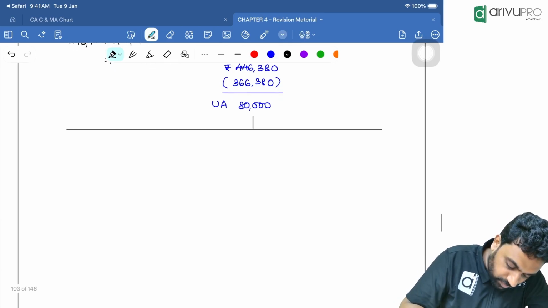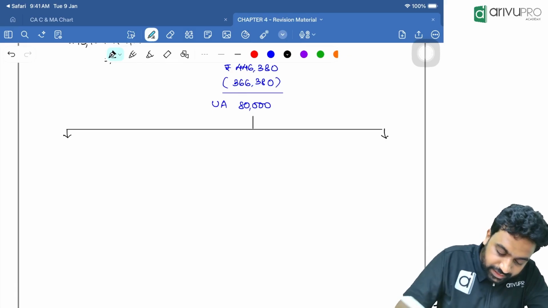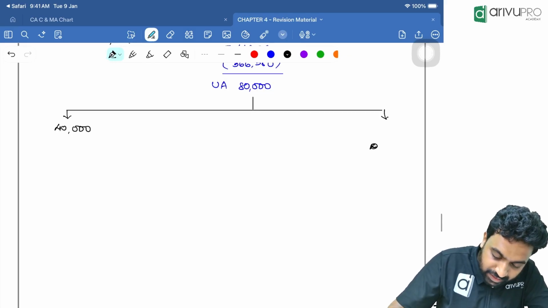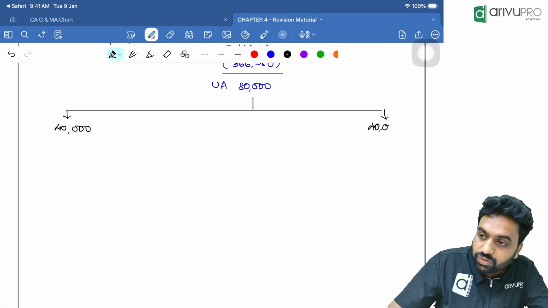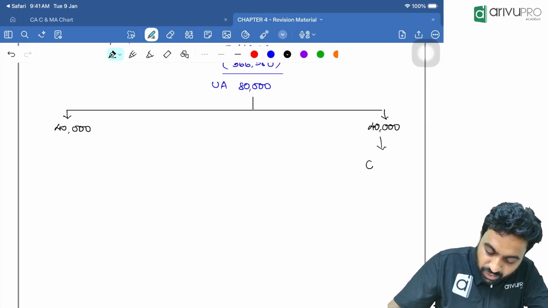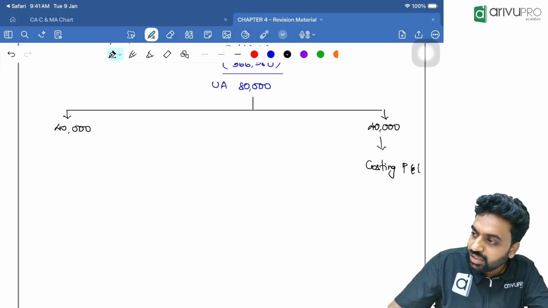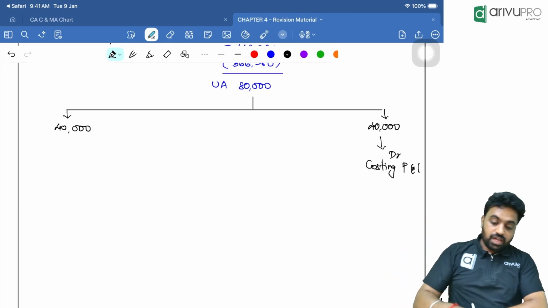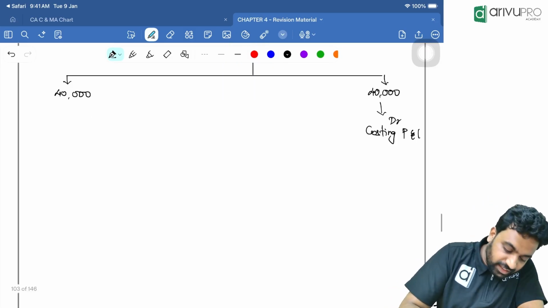Got it? Now, in this, I will divide 50%, 50%. 40,000 due to normal reasons, 40,000 due to abnormal reasons. This I am going to straight away charge to costing P&L as it's an over absorption, sorry, under absorption loss. So I should debit costing P&L. For this 40,000, I have to calculate the supplementary rate.